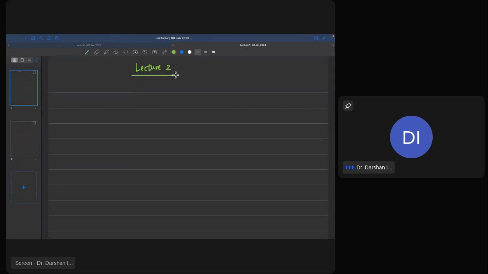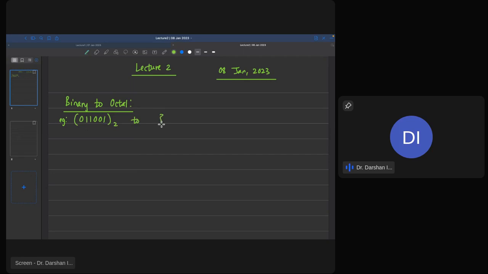Lecture 2. So we are having binary to octal. Let's say the example is 011001, to the base 2.